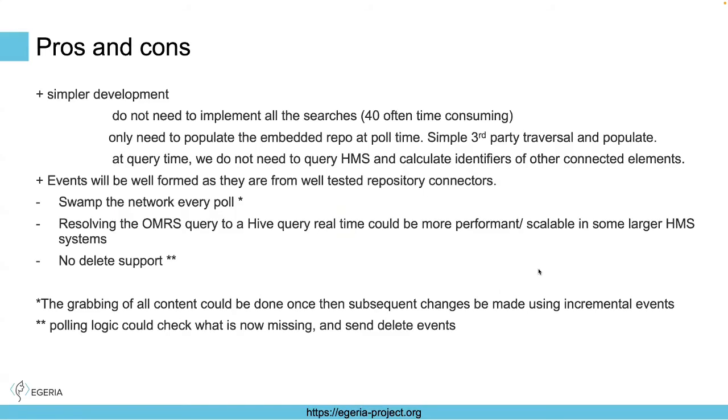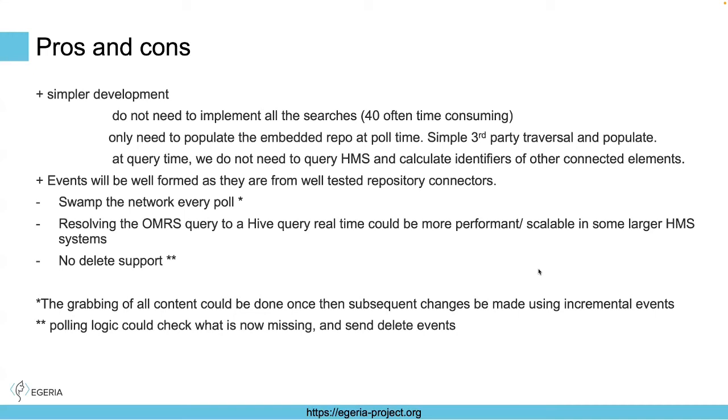So just having a quick look at pros and cons. It's much simpler to develop this style of caching repository proxy, because you don't need to implement all the searches. You only need to do updates at poll time.